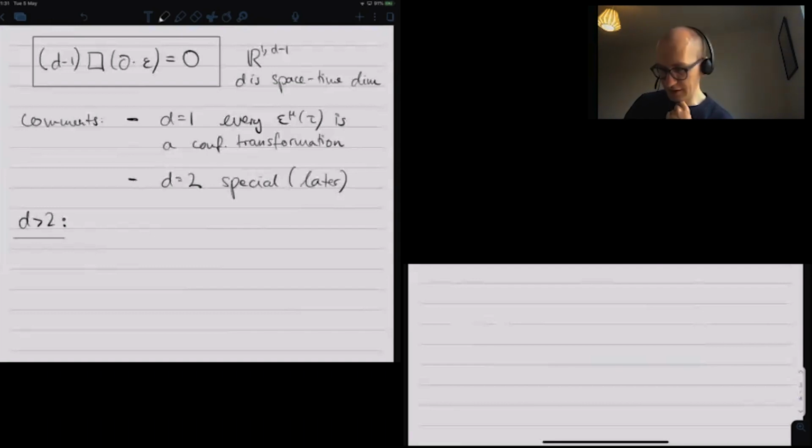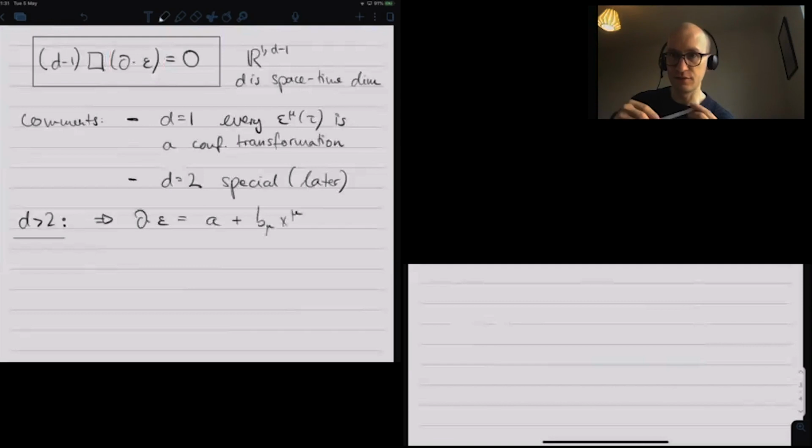But for D greater than 2, this equation immediately gives us that the D'Alembert operator annihilates the divergence of epsilon. So that means the divergence of epsilon has to take the form A plus B_mu x^mu.